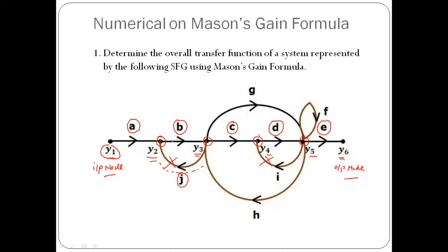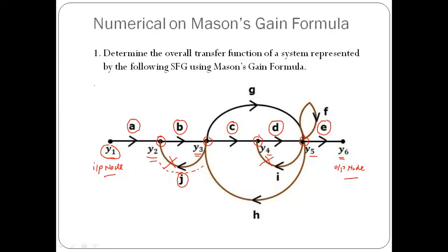So the first forward path is y1 to y2 through a, then y2 to y3 through b, then y3 to y4 through c, then y4 to y5 through d, and then y5 to y6 through e, like a b c d e. So a b c d e will be the gain for the first forward path.